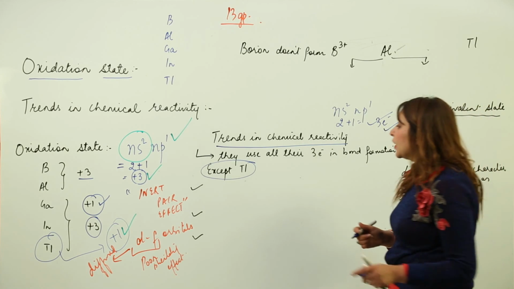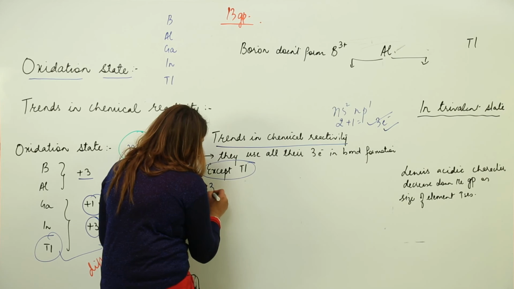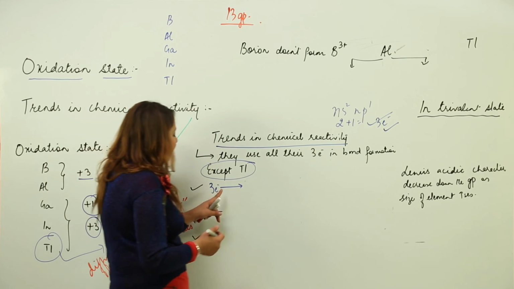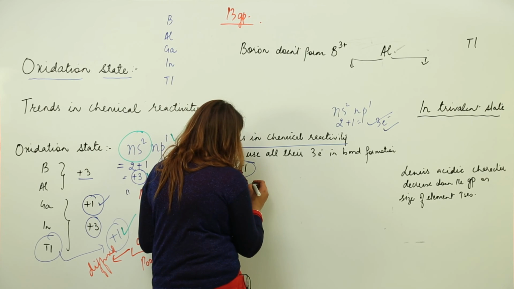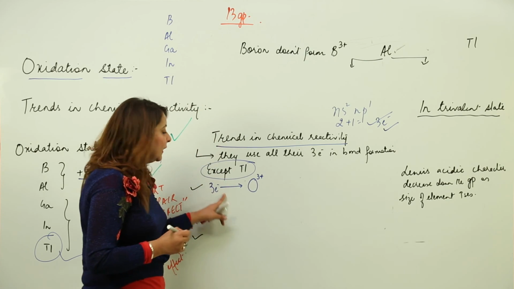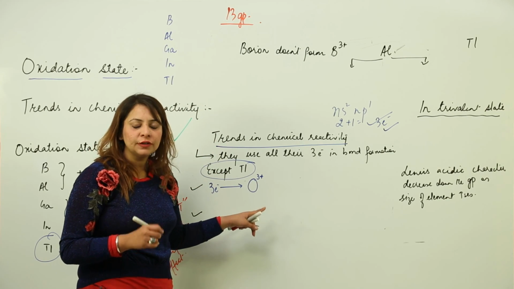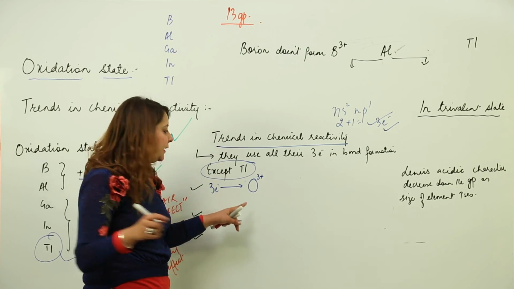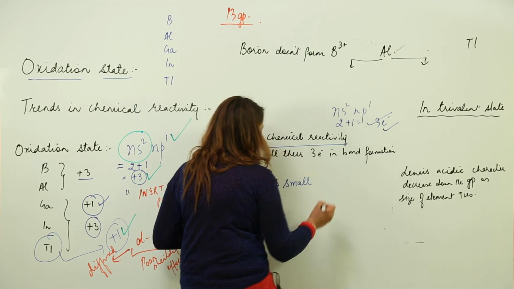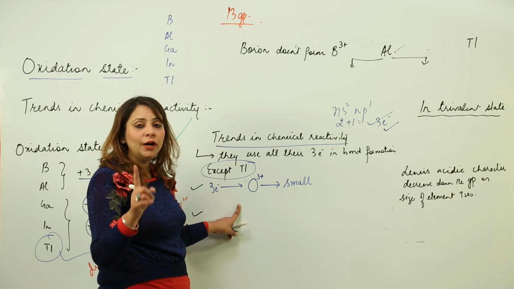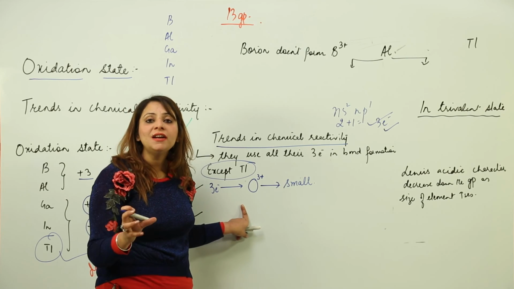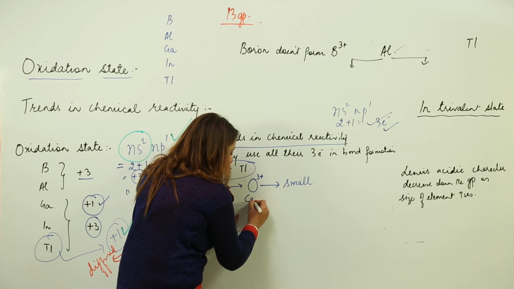The reason is that when they make use of 3 electrons, they form an ion with 3 positive charge, right? When they become 3 positive, they become very small. According to Fajan's rule, which we did in chemical bonding, the smaller the size of the cation, the more polarizing power it has, and more polarizing power favors covalent bonding.